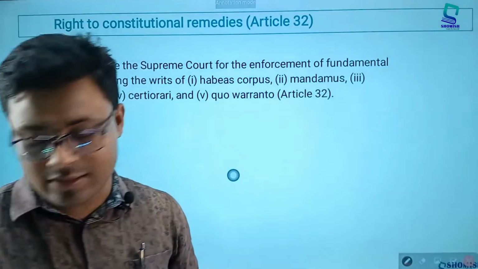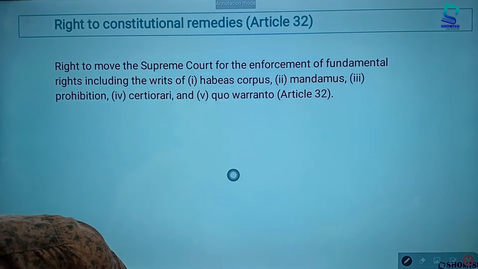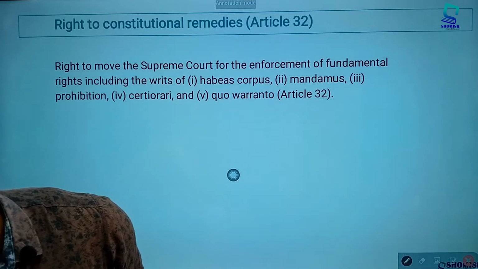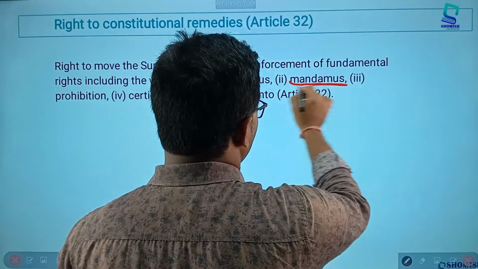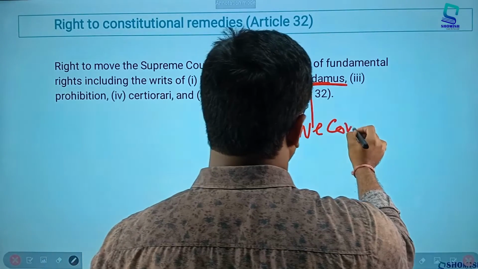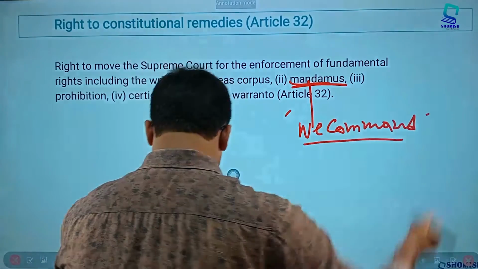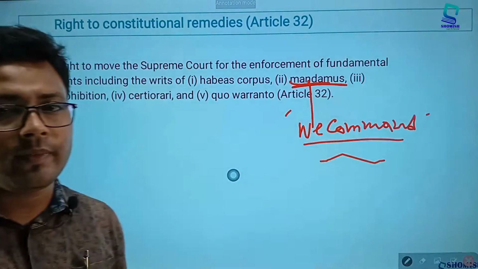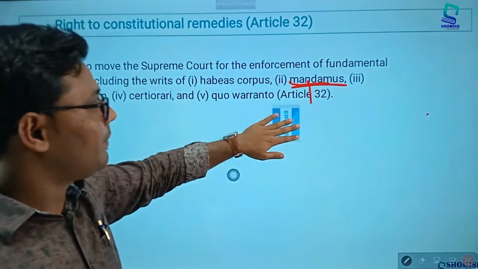Next, mandamus. Mandamus basically means we command, and that is its literal meaning.